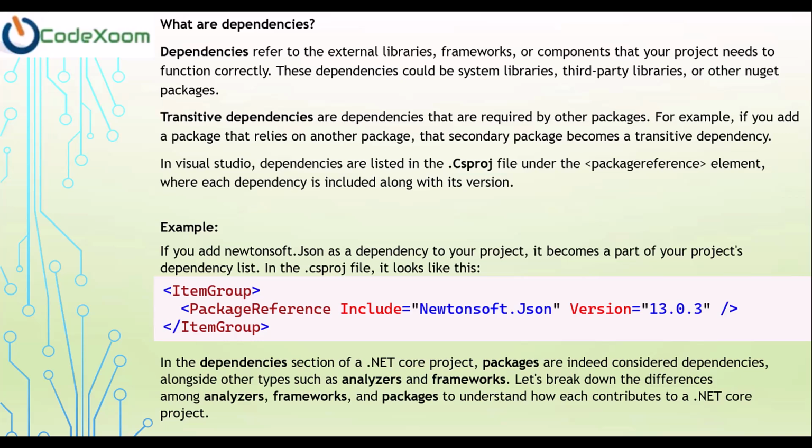When some packages depend on other packages or other dependencies, these are called transitive dependencies. In Visual Studio, dependencies are listed in the csproj file under the PackageReference element, in the ItemGroup section. Dependencies are included here.